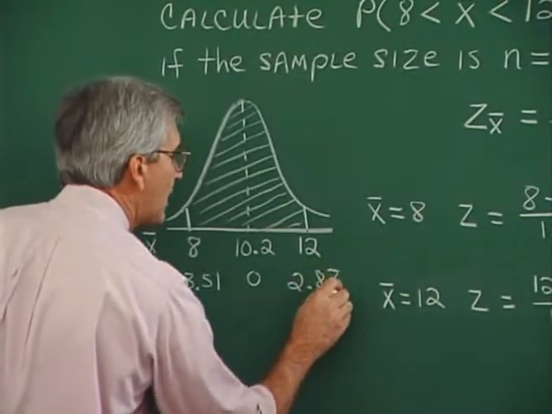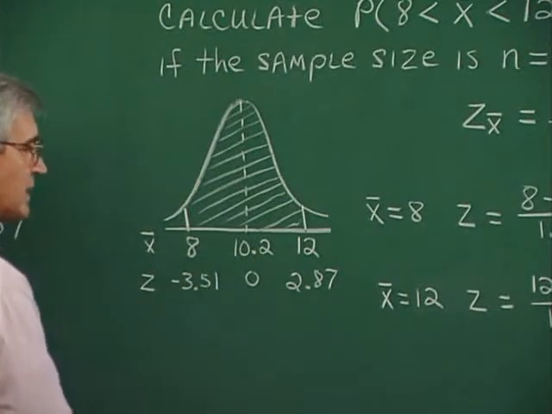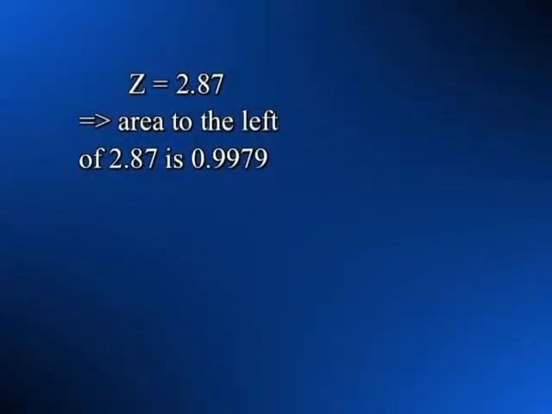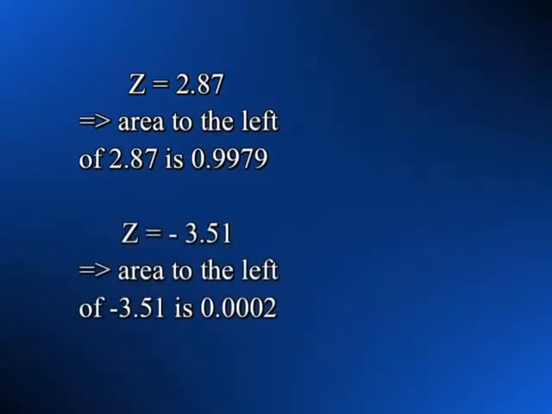And now we want the areas associated with these z-scores. In the table, we find that a z-score of 2.87 corresponds with an area of 0.9979. Then we look for an area corresponding with negative 3.51, and we find that it's not even there. We have areas that go to negative 3.49, and the last entry there, you notice, is 0.0002. Let's use that value for negative 3.51. I think it's fairly accurate.